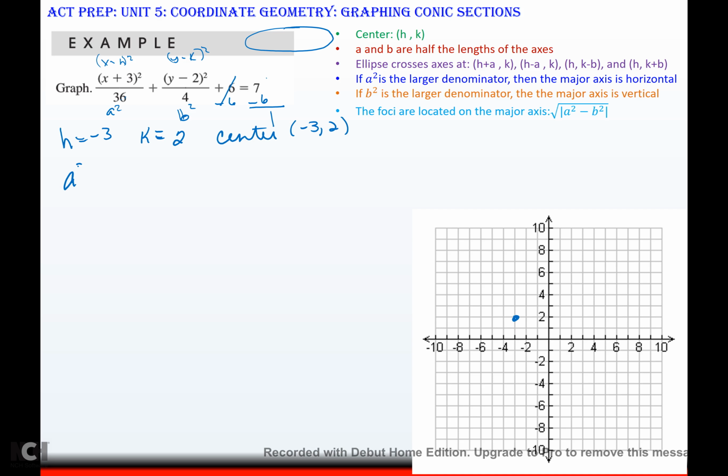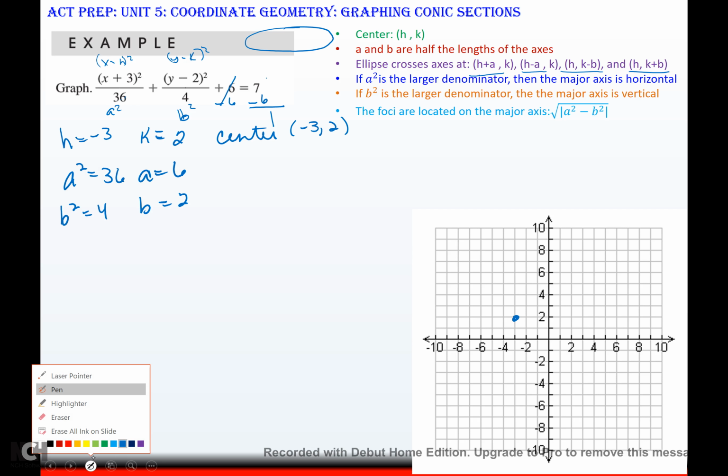So a squared is 36, which makes a equal to 6. B squared is 4, which makes b equal to 2. If you want to do this, you can, and I will, just to be professional here.